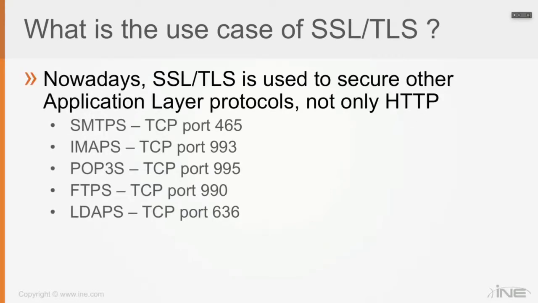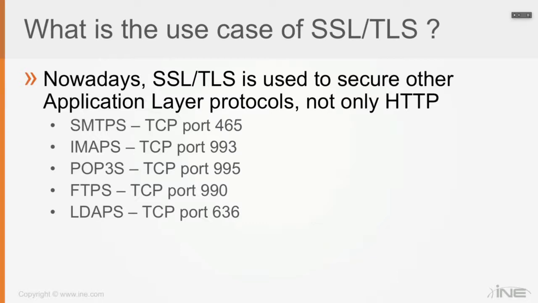Nowadays, SSL and TLS are used to secure not only HTTP traffic to be HTTPS, but also other application layer protocols. The most commonly known ones are SMTP Secure, which runs on TCP port 465, IMAP Secure on TCP port 993, POP3 Secure on TCP port 995, FTP Secure on TCP port 990, and likewise LDAP Secure on TCP port 636.